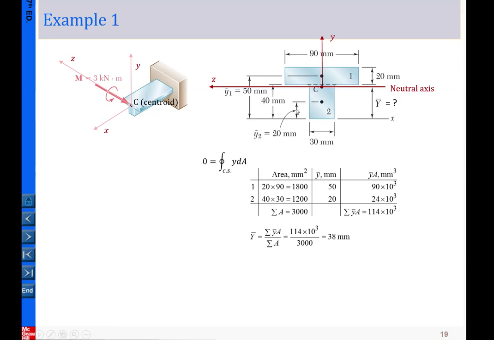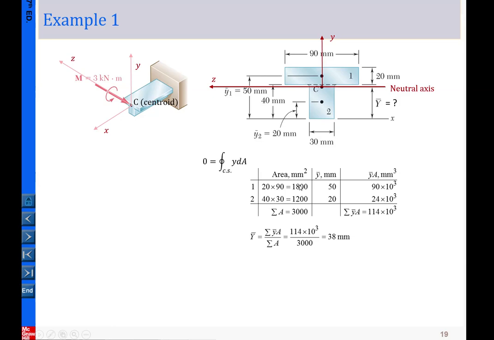First I decompose it into two simple shapes, rectangle 1 and rectangle 2. Then I individually identify the centroids for 1 and 2. With the bottom as the datum, Y2 bar is 20 and Y1 bar is 50. Then I tabulate the calculation for area 1 and area 2. For rectangle 1, Y1 bar is 50, and for rectangle 2, Y2 bar equals 20.